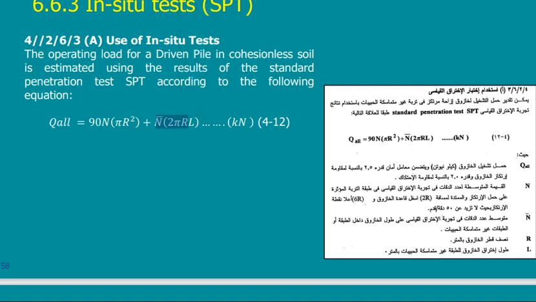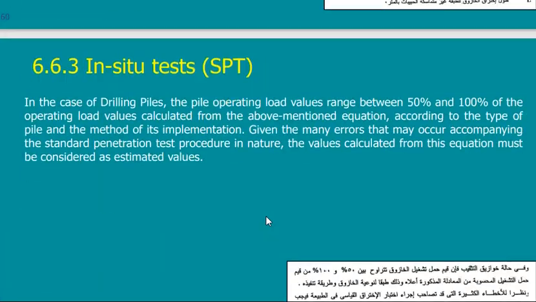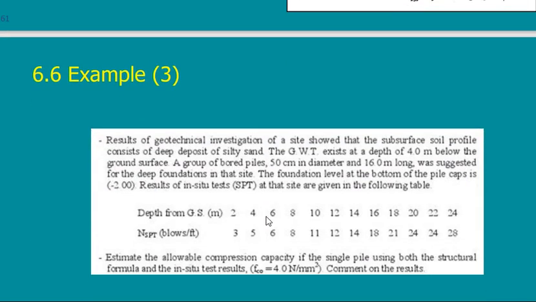These are the two. I think we will have here a test. This is an example. What is given? He is giving you the length of the pile, the diameter of the pile, the depth of the pile cap, and the SPT values.